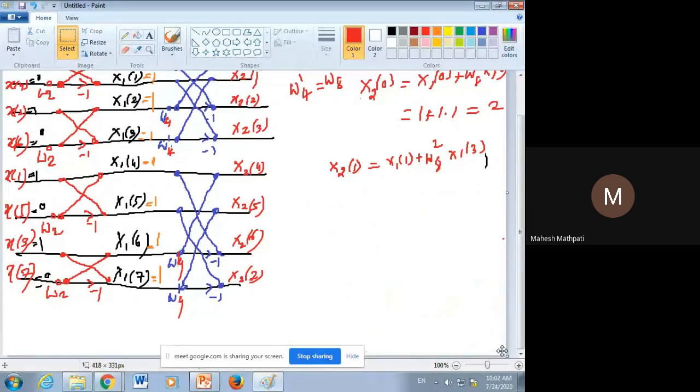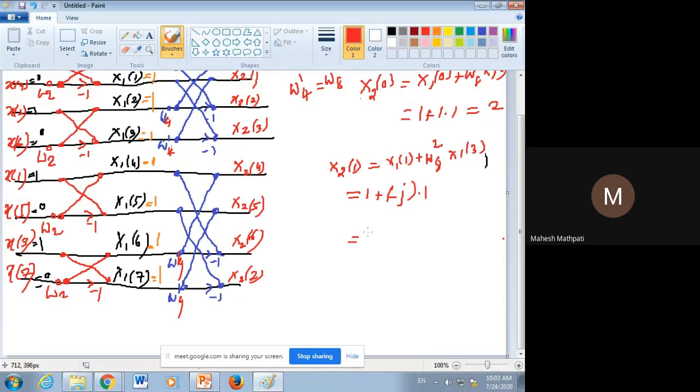the value here. x2 of 1 equals to x1 of 1 plus w8 to the power 2 into x1 of 1. So which is equals to, what you will get? x1 of 1 value is how much? x1 of 1 is 1 plus w8 to the power 2 value is how much? Minus j. It is minus j multiplied with 1.